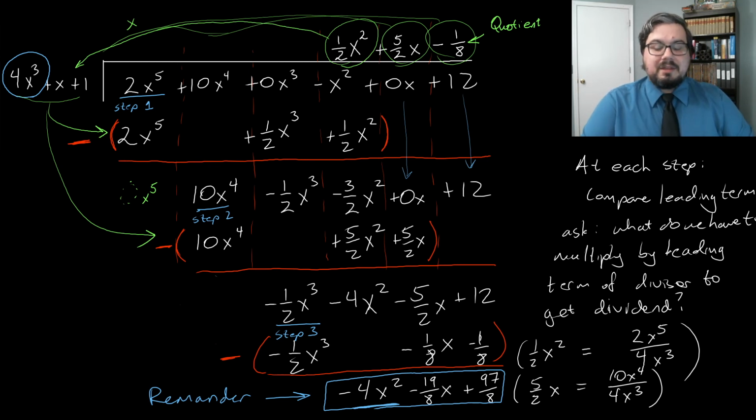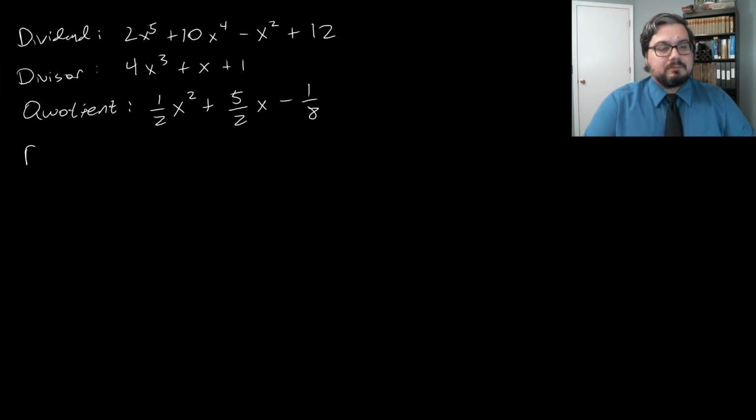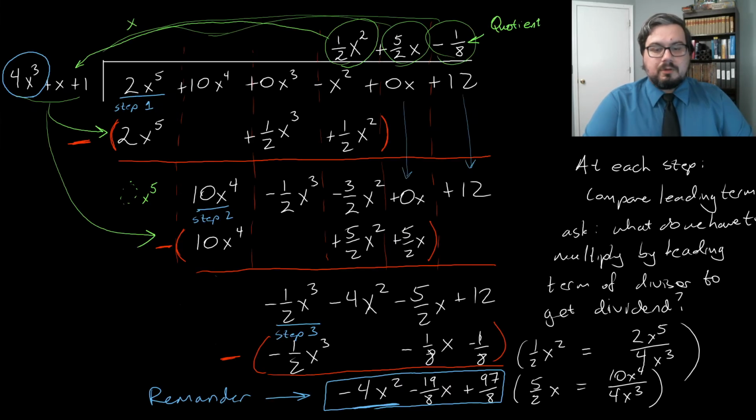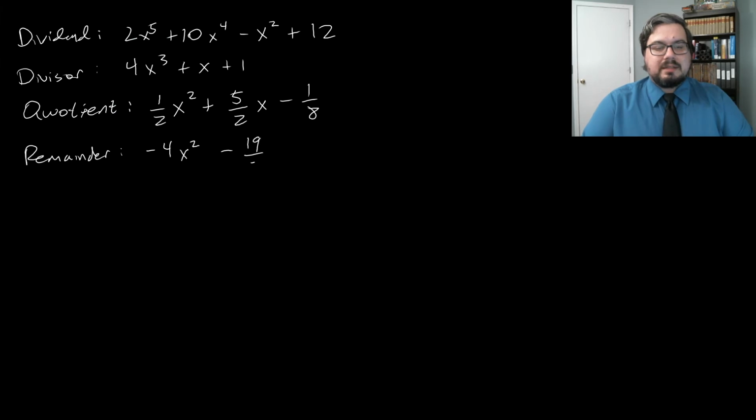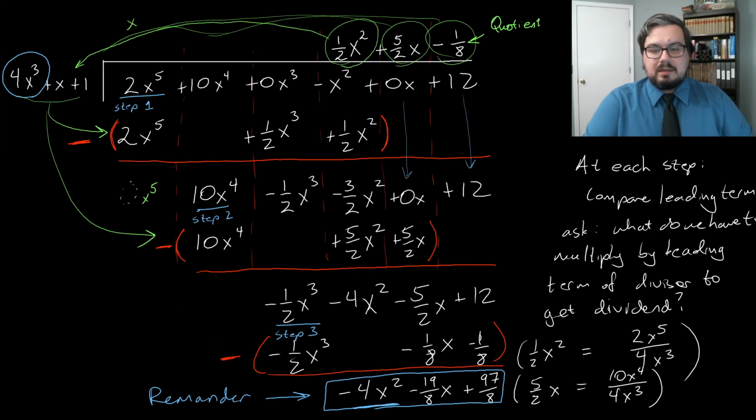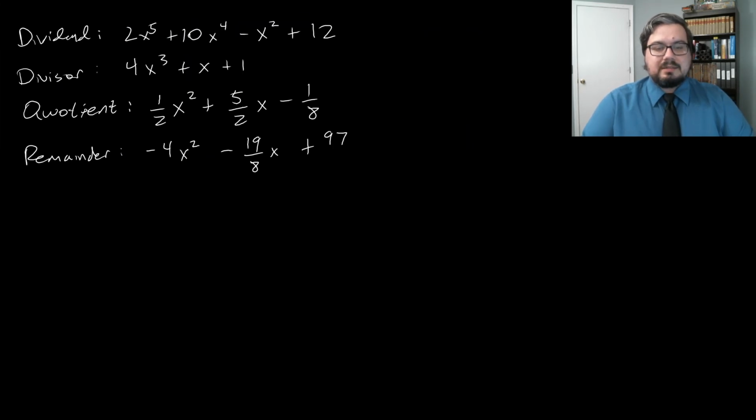And then the remainder was negative 4x squared minus 19/8 x plus 97/8.